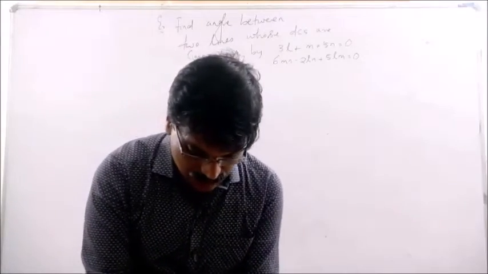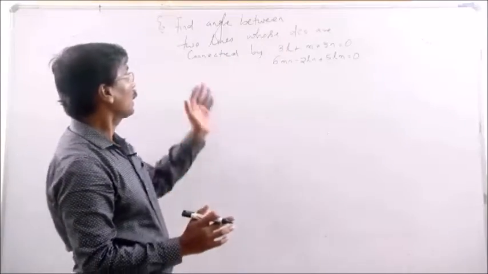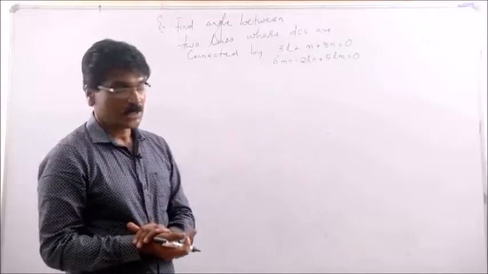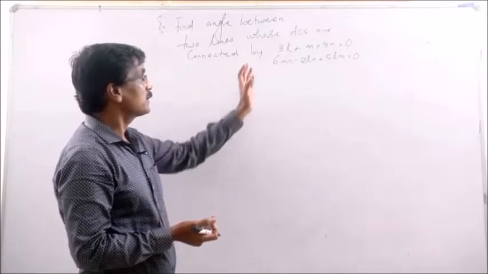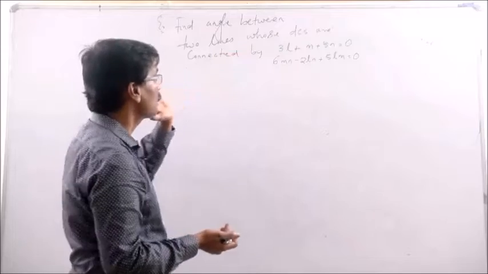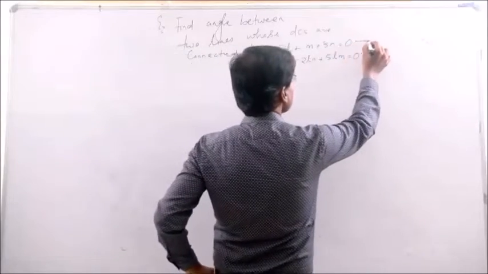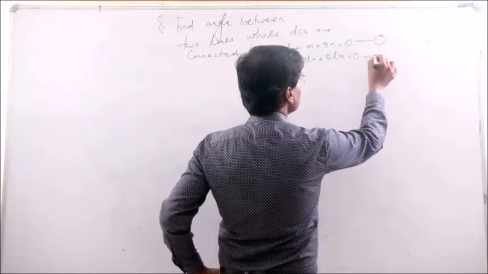So, here we have to find the angle between two lines having their direction cosines related by these two equations. Suppose this is equation 1 and this is equation 2.